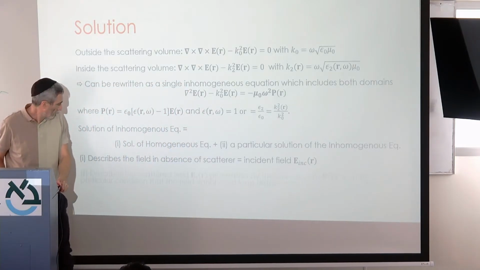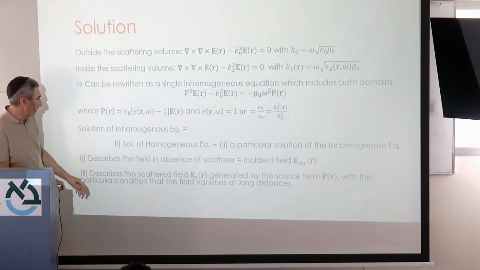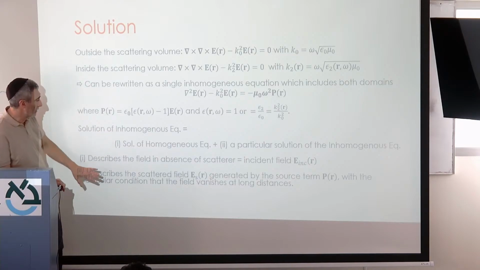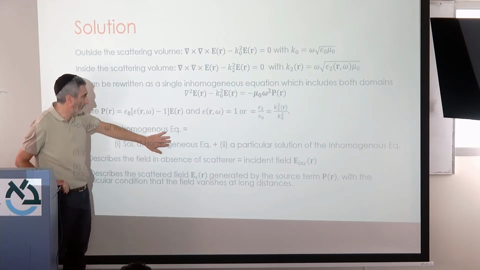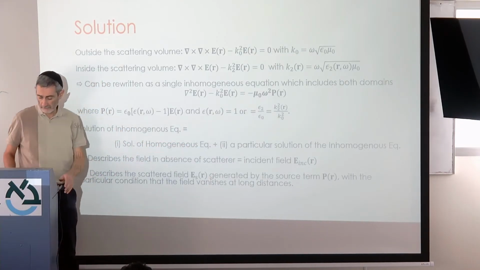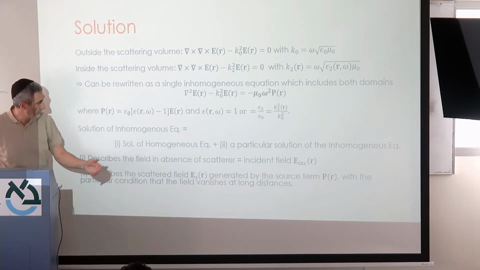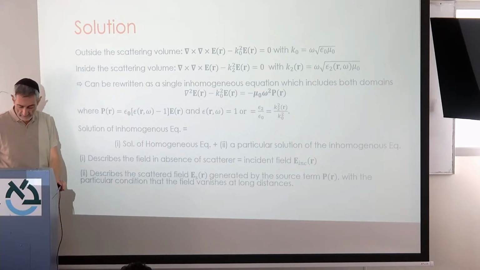And the second term describes the scattered field E_S of r generated by the source term P of r, with a particular condition that the field vanishes at long distance. So we have a solution which is the incident field plus the scattered field by the object, and then you can choose a specific case where you have a vanishing field at infinity.